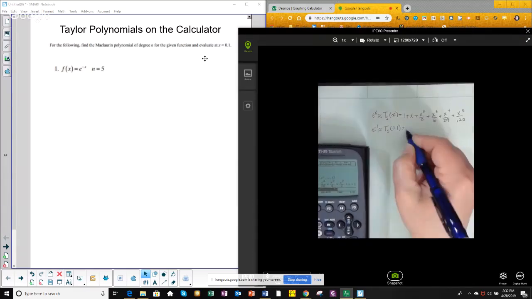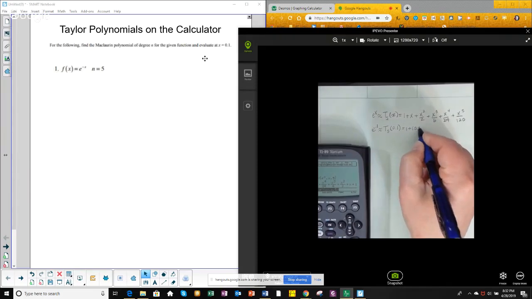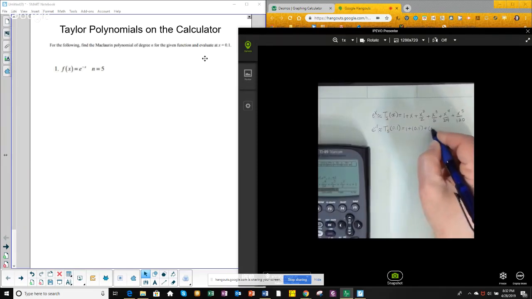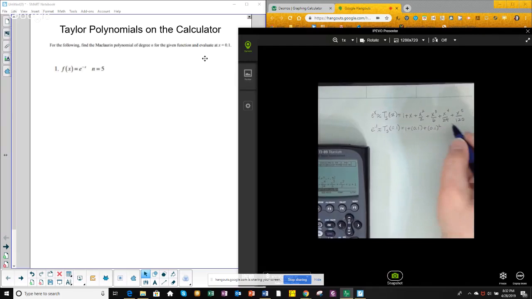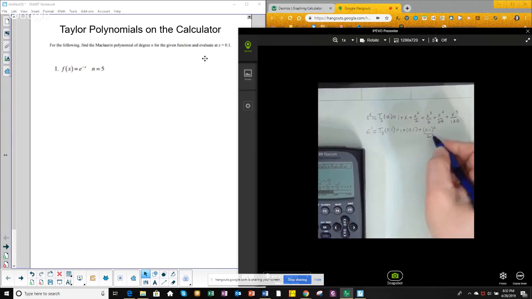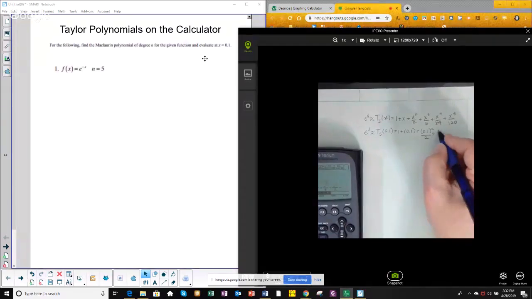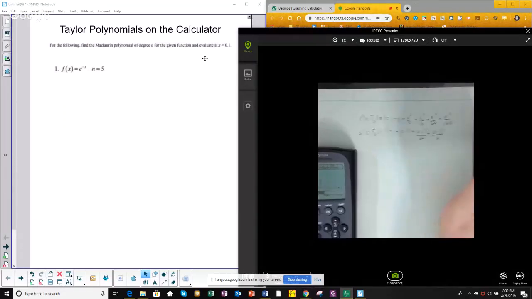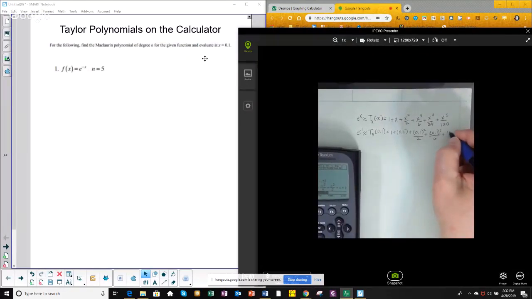And that's going to equal 1 plus 0.1 plus 0.1 quantity squared over 2, which happens to be 2 factorial, plus 0.1 to the 3rd over 3 factorial, which is 6. I was going to put the factorial button here. Plus 0.1 to the 4th over 24.